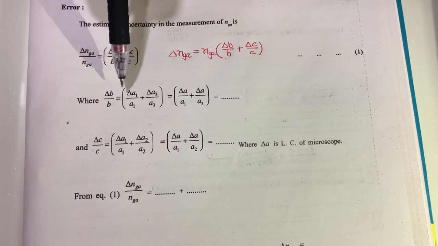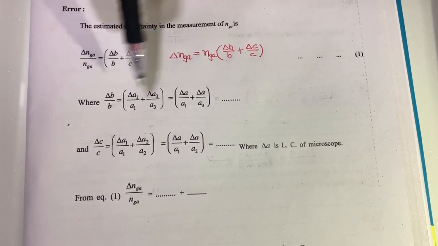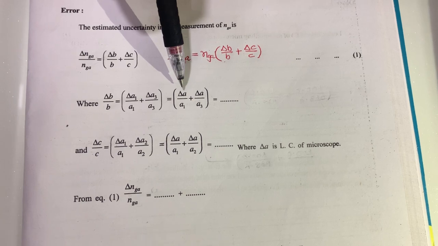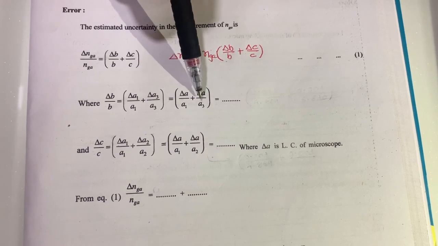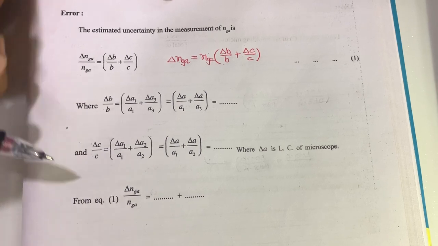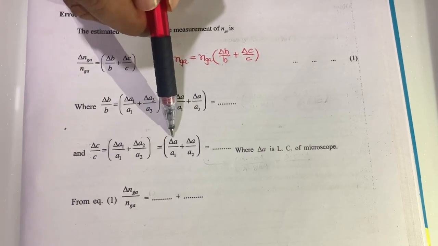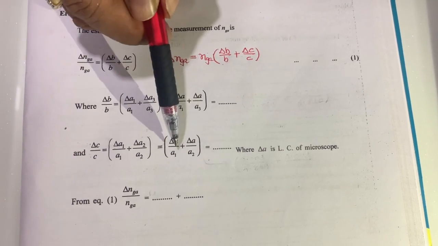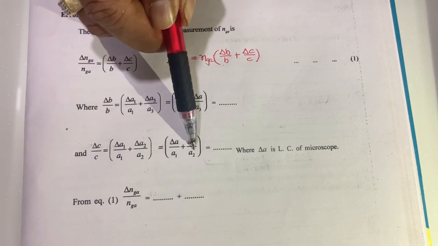Then calculate this value delta B by B by substituting the values of delta A, A1, A3. Similarly, calculate delta C by C by substituting the values of delta A and A1, A2.